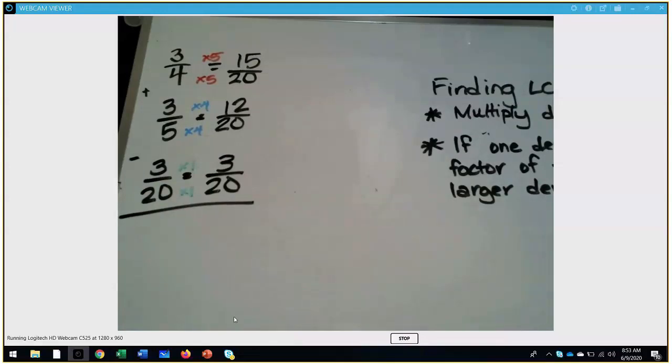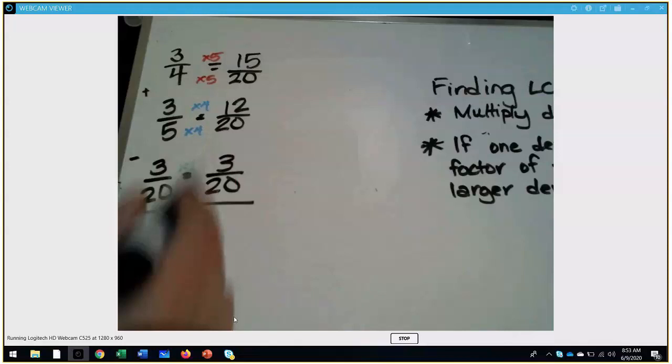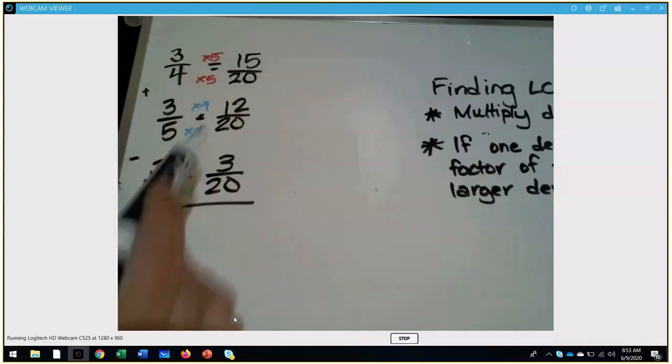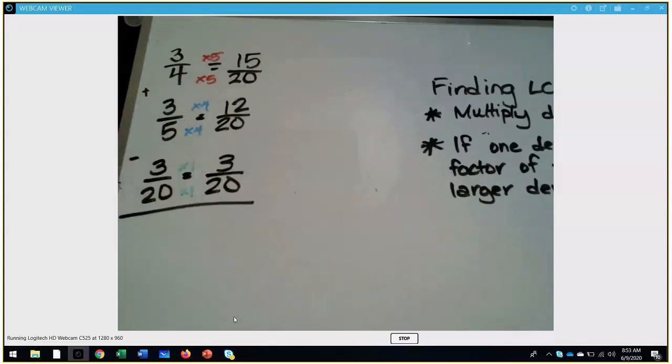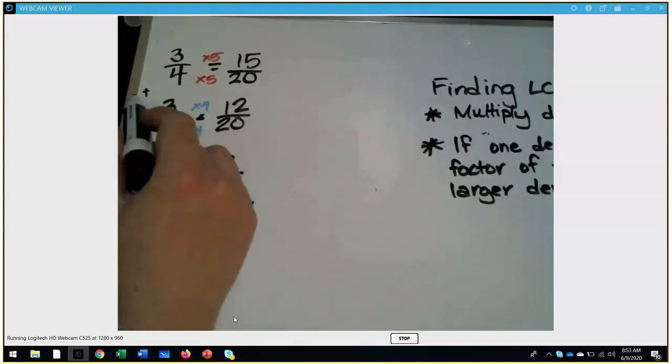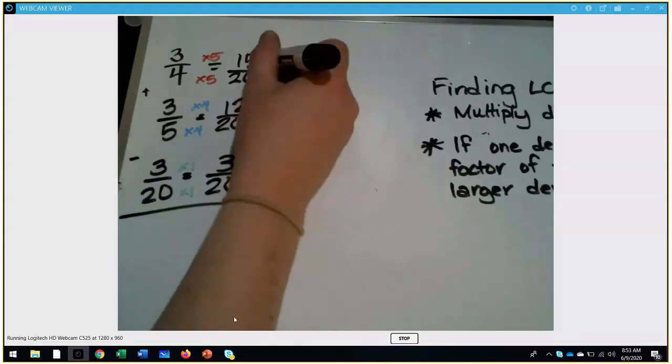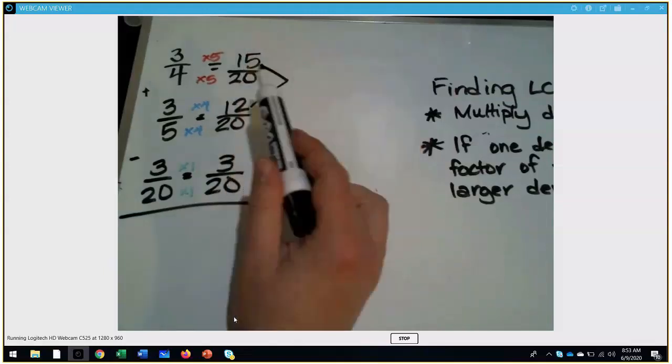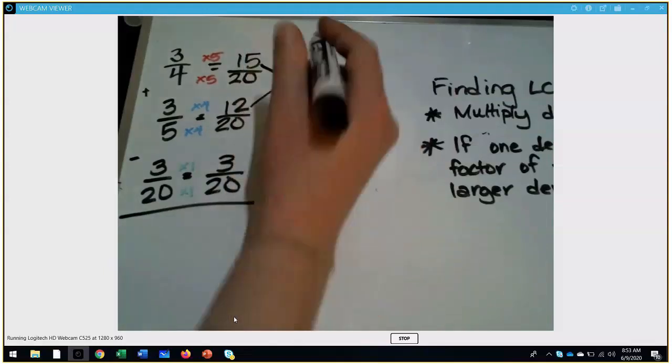Okay, now it's all set up. Common denominators for everything, equivalent fractions for all my numerators. Now I can just go ahead and do my operations. So we're adding first. 15 plus 12 is 27.